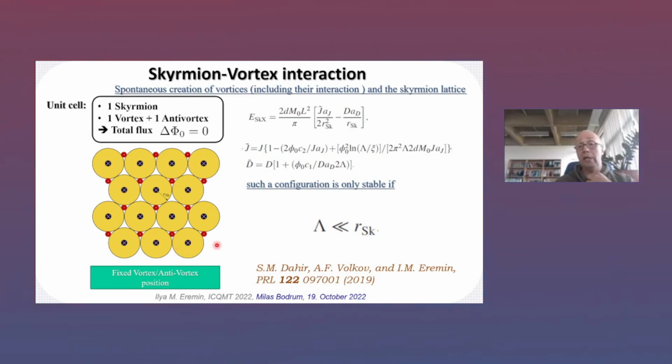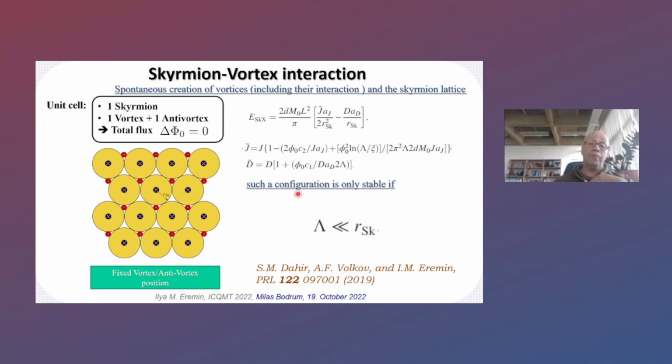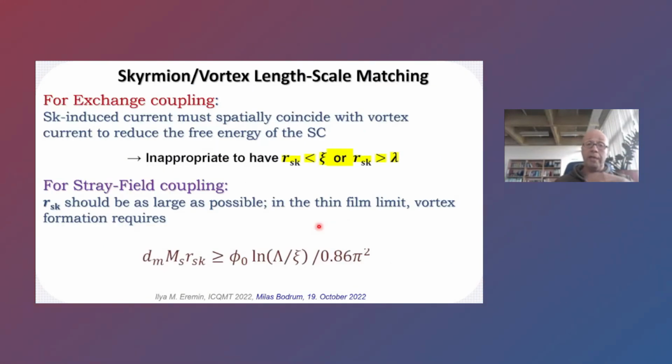There you can see that the configuration is actually stable, despite the fact that initially we saw that attractive forces are generated for both cases. But if you look into the thermodynamic stability, you see that it's only stable if you are dealing with a large skyrmion radius, so the skyrmion is larger than the typical length of the vortex. This is all very nice.